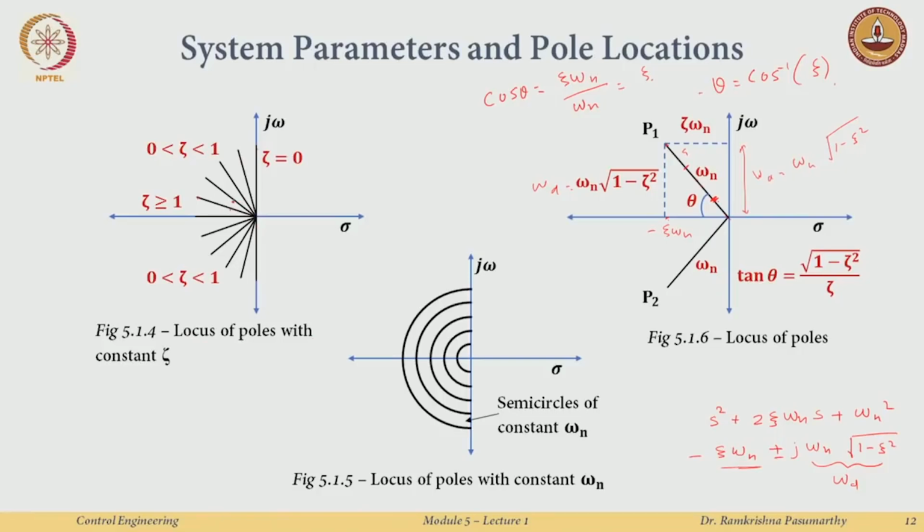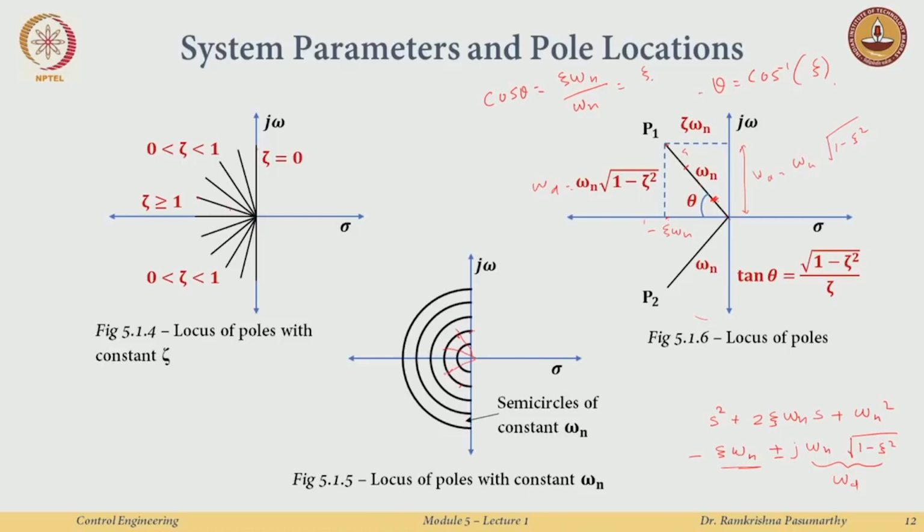Now, let me keep omega n fixed and just vary theta. So omega n is fixed, and I just move around some semicircles. I do not want to do a full circle because I do not want to go into the unstable region. If you look at this, omega n is the same, omega n is the same, omega n is the same, but each of these will have a different zeta.